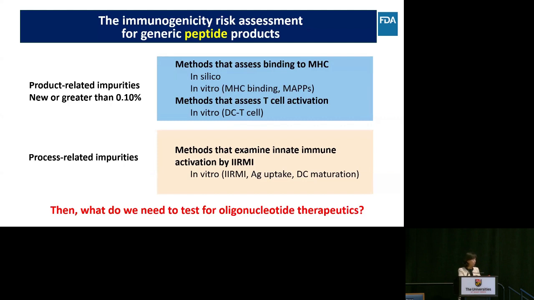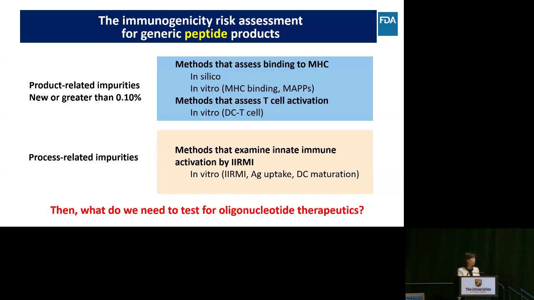So those are for individual product-related impurities. And it is also important to assess whether your product has any impurities, including product and process-related impurities. They can activate innate immune responses, and the IRMI assay is used for that purpose. Okay, these are generic peptides.